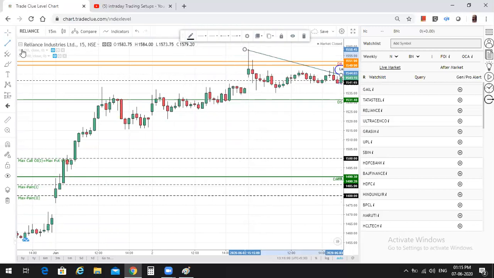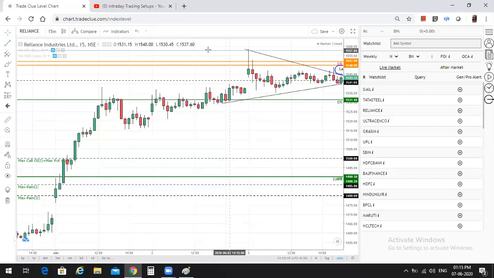So this is one, and then you can extend a bit the lower side of the triangle forming in this zone. So completely this was high, this was kind of low over here. So this is your yesterday's high, this is your yesterday's low. So let me also plot the horizontal line, yesterday's high, which is very, very important for us.